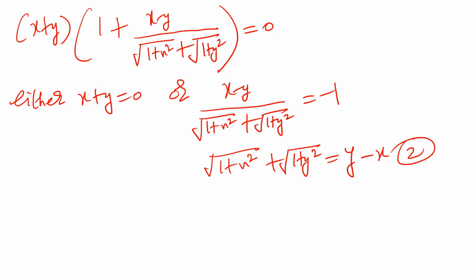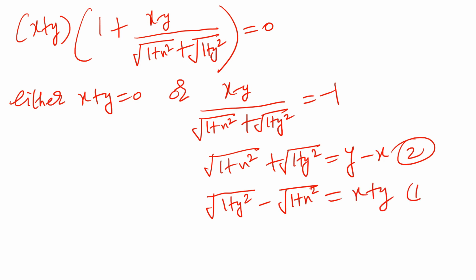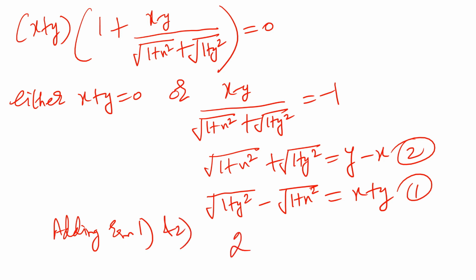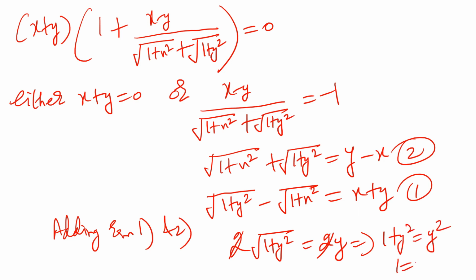Now students, our equation number 1 was square root of 1 plus y square minus square root of 1 plus x square equal to x plus y. So now if we add both of these equations, then what do we get? We'll be getting twice square root of 1 plus y square equal to 2y. Or if I square both sides, I will be getting 1 plus y square equal to y square or 1 equal to 0.